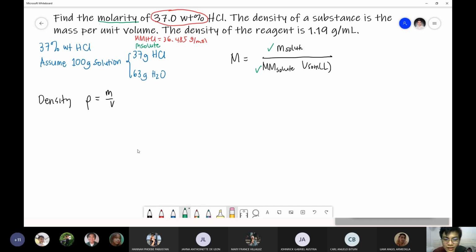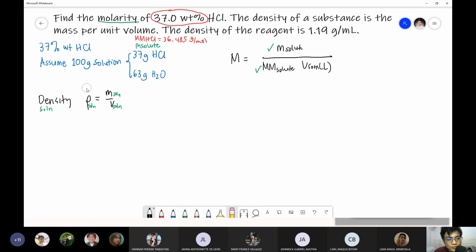Given na yung density, right? Given na yung mass, 37 grams. Volume, pwede natin ma-solve. Sorry, yung mass pala ng solution to, no? Density of the solution, mass of the solution, volume of the solution. Okay? So ganun lang. Okay?